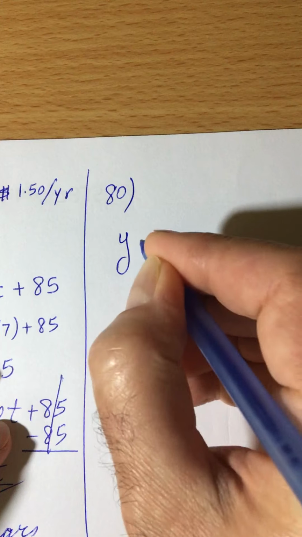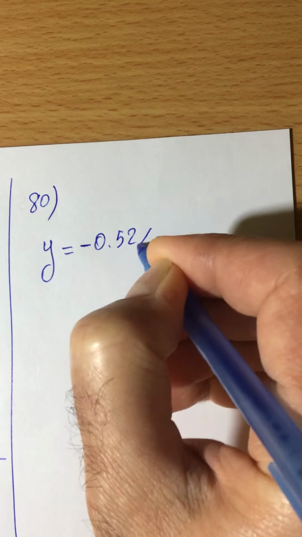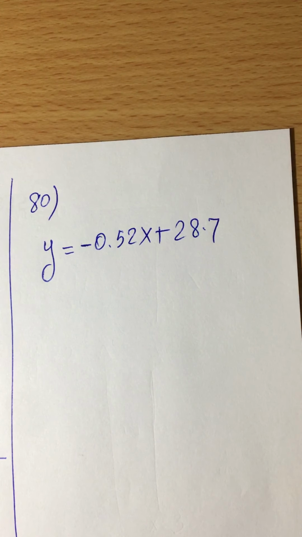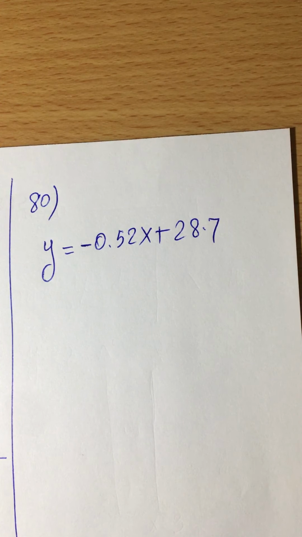So they give you the equation y equals negative 0.52x plus 28.7, where y represents the percentage of smokers as a whole number, and x equals 0 represents 1990. So x is time. So if you put 0 over there, that means you have 1990. If you put 5 over there, that means you have 1995. If you put 10 over there, that means you have 2000.